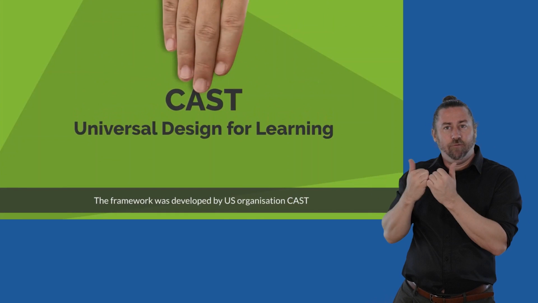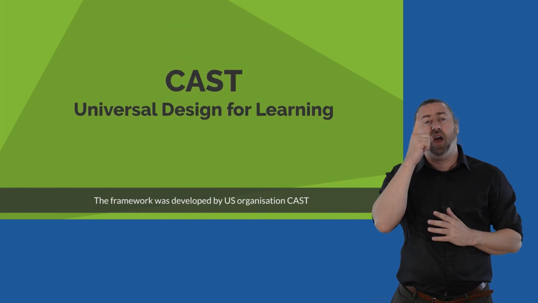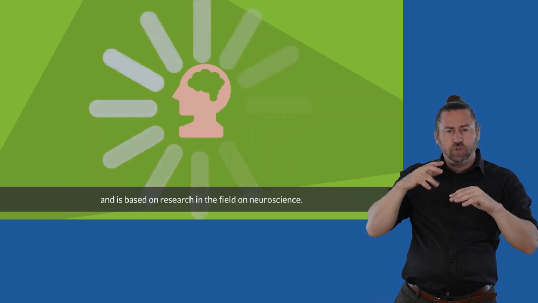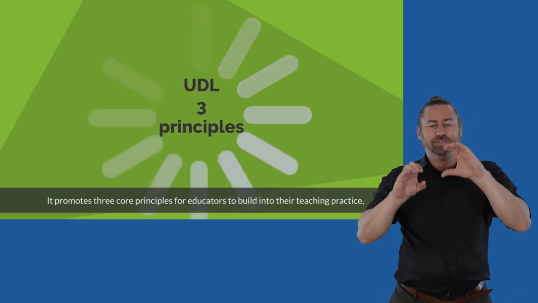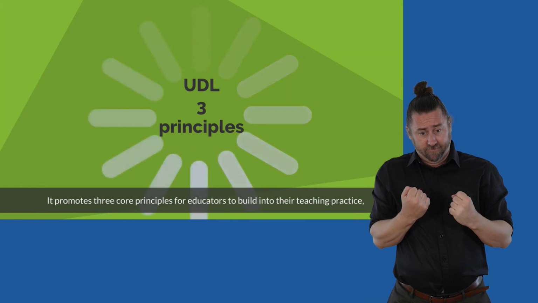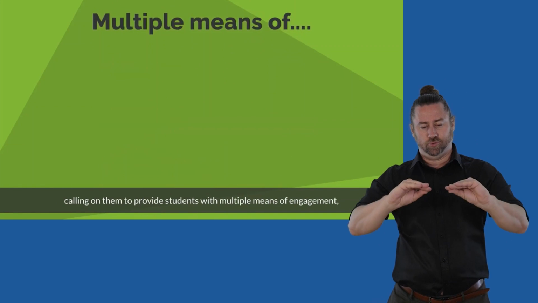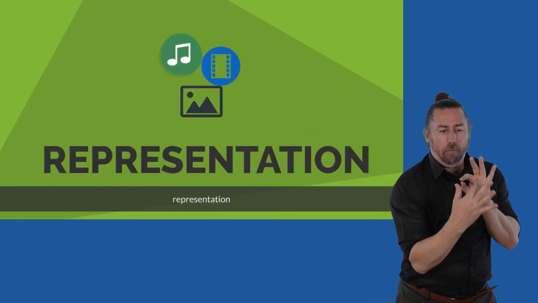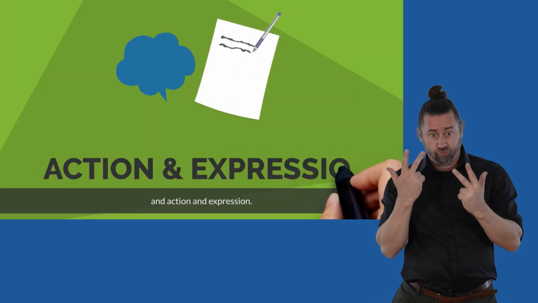The framework was developed by US organisation CAST and is based on research in the field on neuroscience. It promotes 3 core principles for educators to build into their teaching practice, calling on them to provide students with multiple means of engagement, representation, and action and expression.